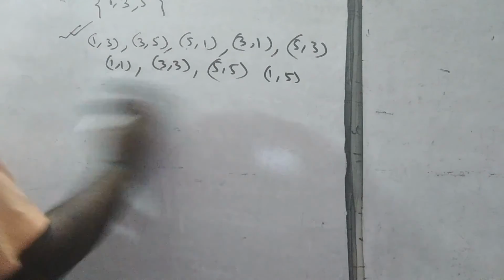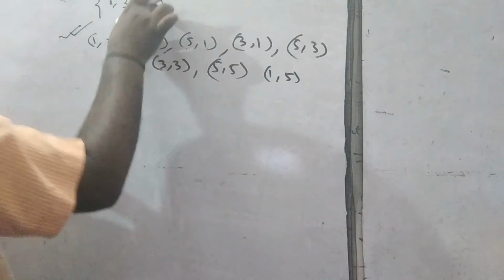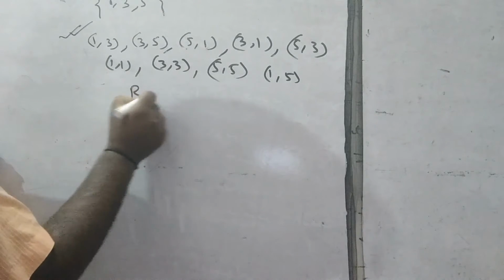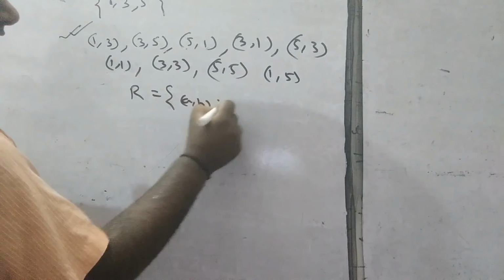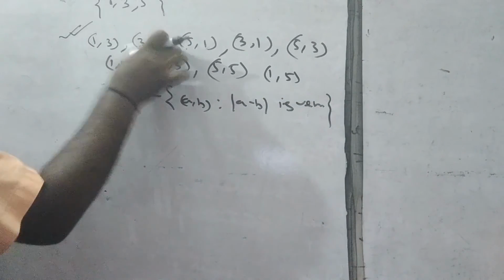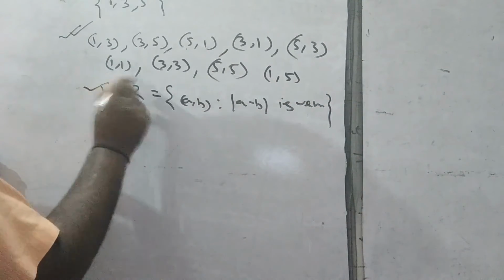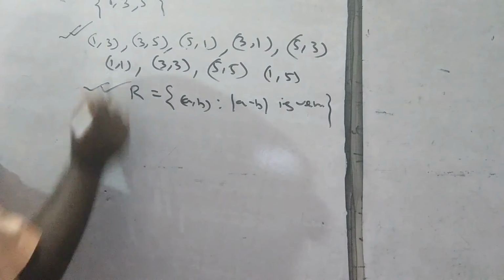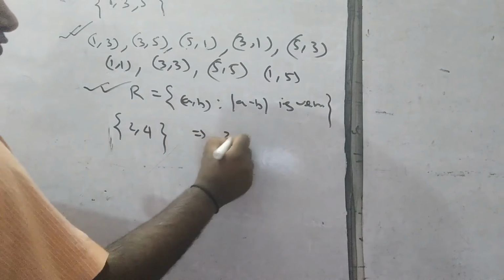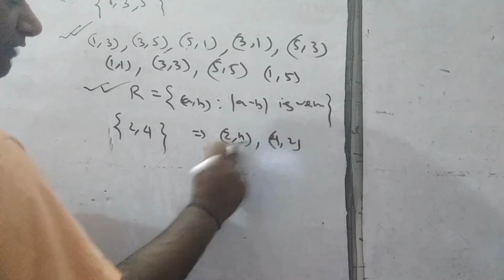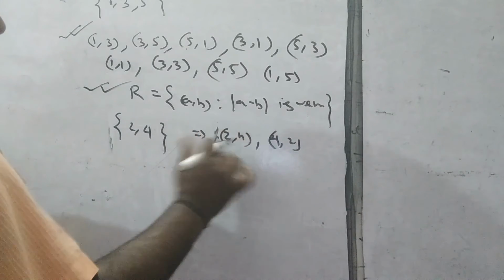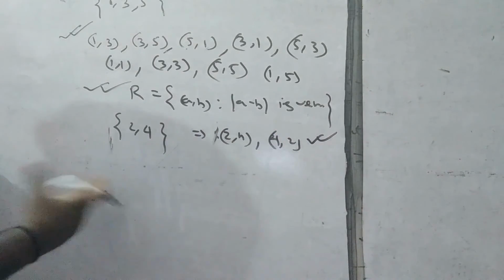So every element of this set is related to each other, as our relation is A comma B such that mod of A minus B is even, and every pair of this set satisfies this relation. Also for 2 comma 4, how many pairs can we form? 2 4 and 4 2. See, the difference of this pair, 2 minus 4 or 4 minus 2, is even. So this set also satisfies it.